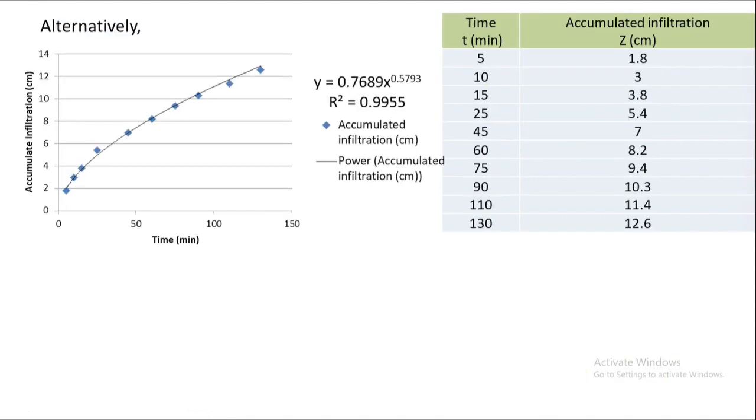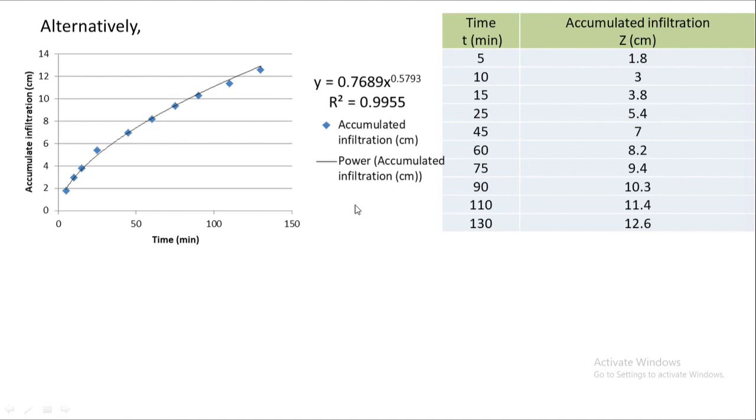Alternatively, you can directly use this trend line in power form. You can plot y-axis and x-axis in Excel and select trend line of power form. So you'll get equation of this form: y equal to 0.7689 x raised to 0.5793.